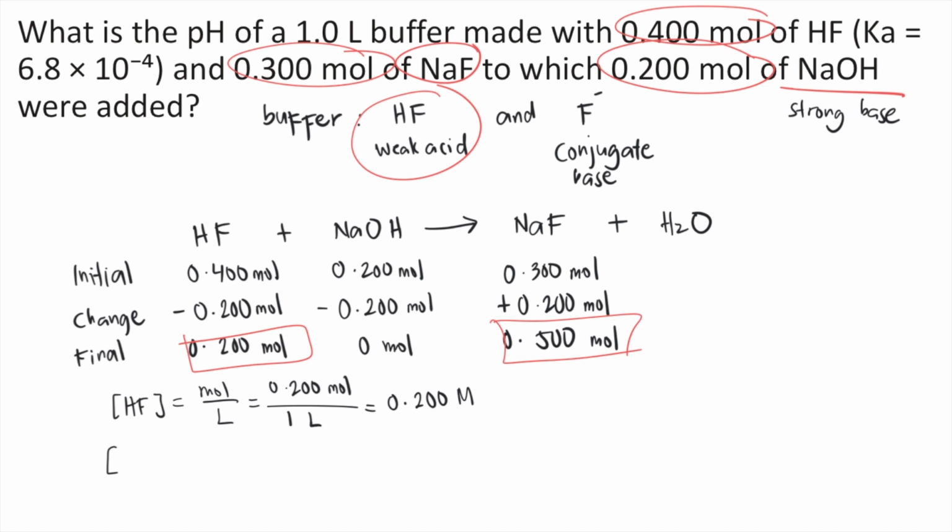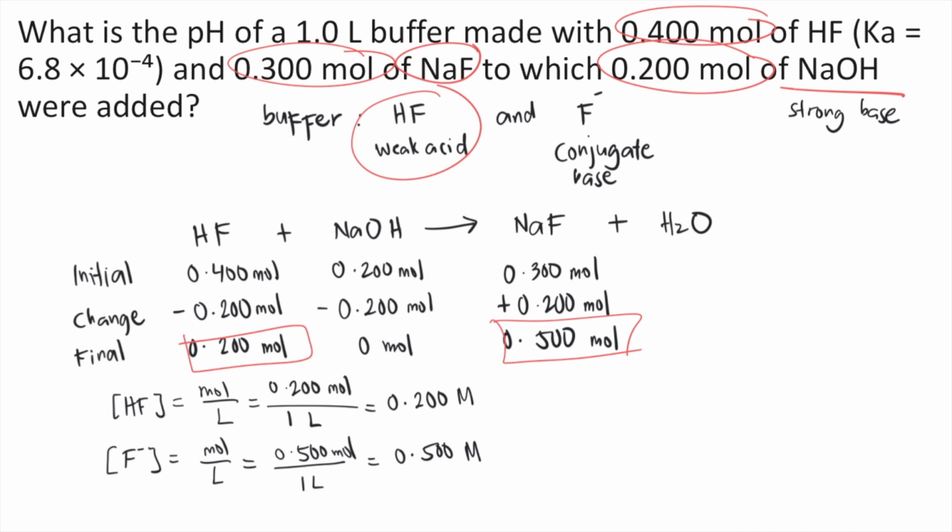For NaF or F minus, we have 0.500 moles divided by 1 liter, that's 0.500 molar. Okay, so now that we have the concentrations, we can now solve the pH of the buffer.